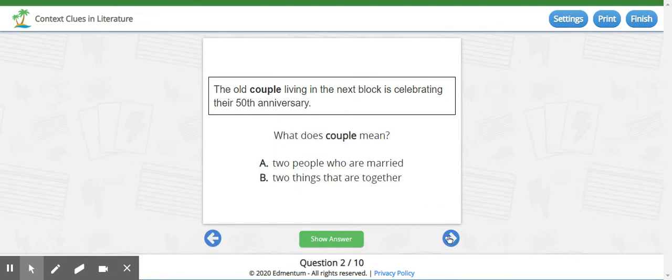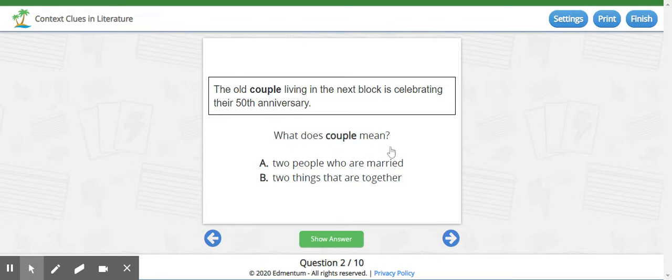Flashcard 2. I want you to read the sentence in the rectangle on a count of 3. The old couple living in the next block is celebrating their 50th anniversary. I noticed that the word couple is in bold print.